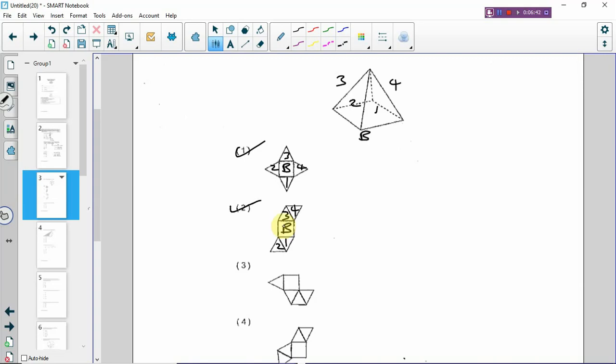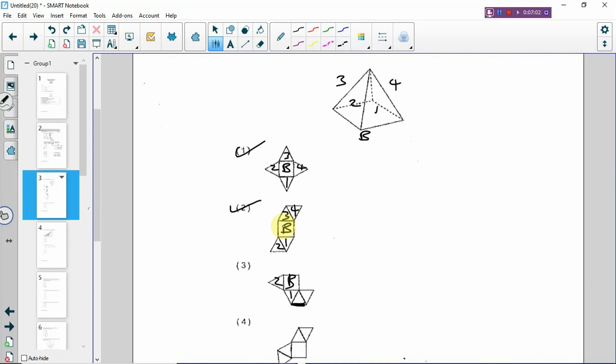Okay, let's go to number 3. Now is number 3 the net? If you look carefully, you have the base, and then your number 2 is on the left side, and your number 1 is on the right side. Now can you see this side? This is a horizontal line, which is the top. If you fold it, it will be the top.